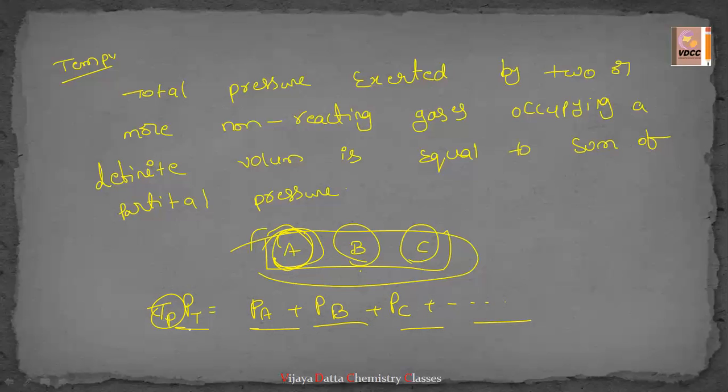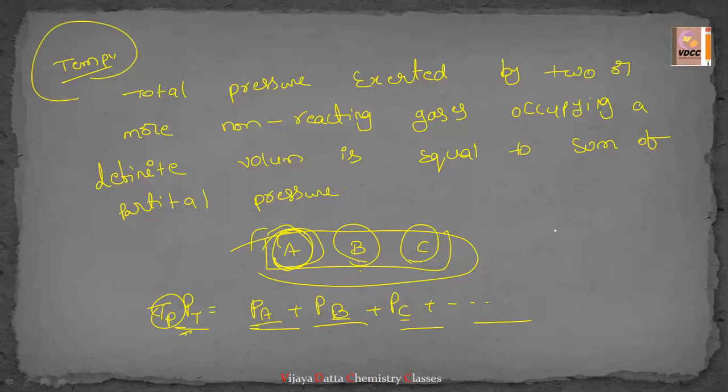Here PT is the total pressure and PA, PB, PC are the partial pressures of A, B and C respectively. Right? So it is the pressure that a component of the gaseous mixture would exert if it were alone in the volume under consideration at a given temperature. That is very important.